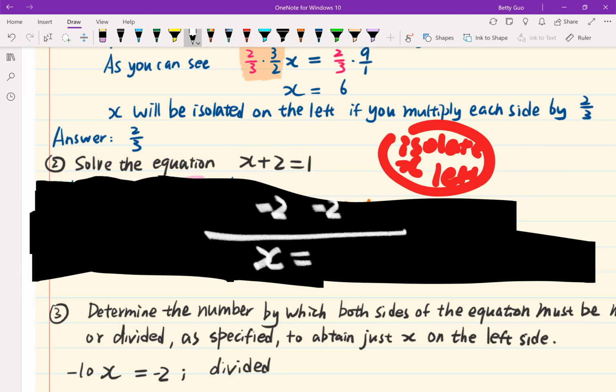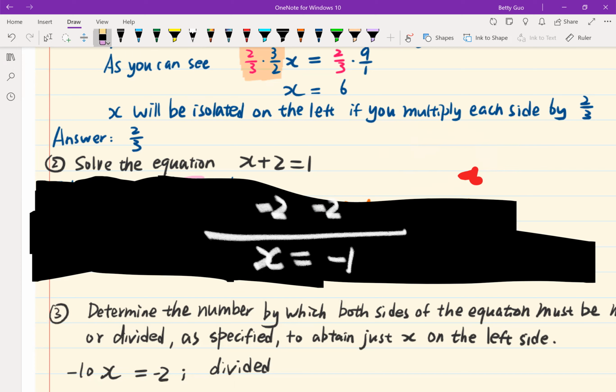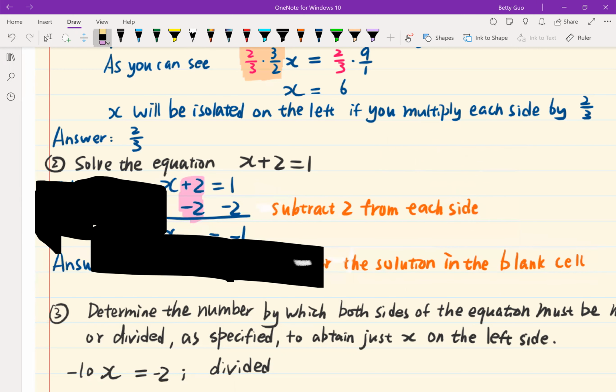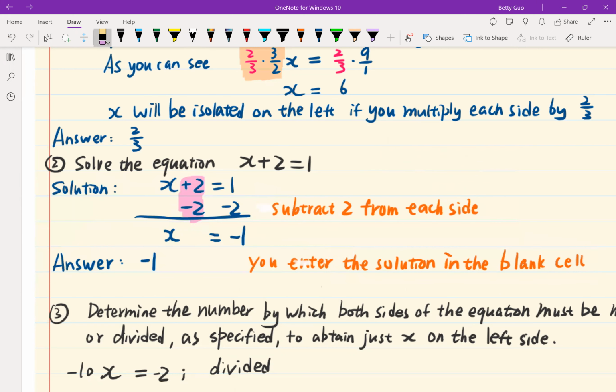On the right, 1 minus 2 is -1. Either way would be okay, right? I would say this is super straightforward. Number 2, solving the equation, is super easy. You can check the solution by plugging the solution in the equation. Any questions about number 2?